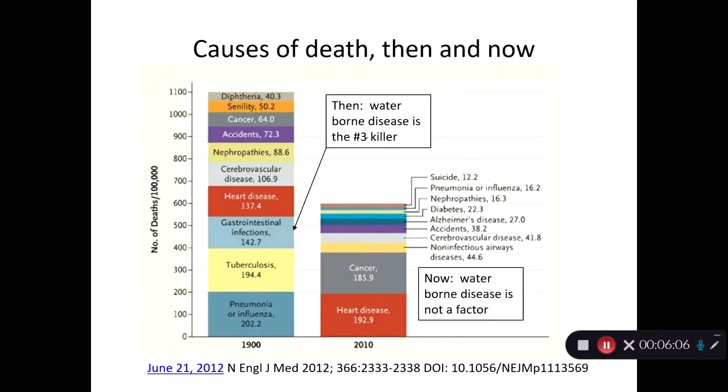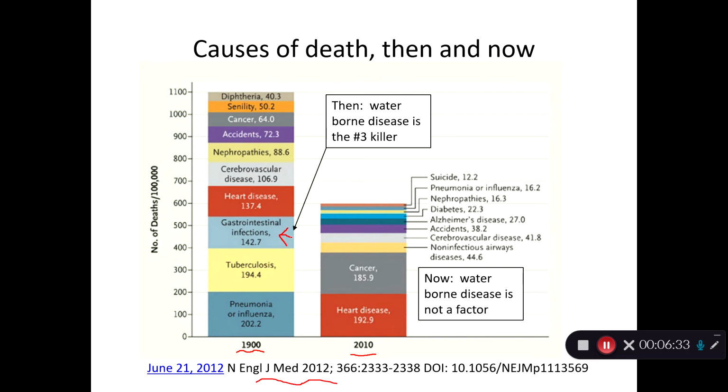And here's just another example of why that's true. This is from an article from the New England Journal of Medicine, put out a few years ago, comparing the causes of death back in 1900 with the causes of death in 2010. And you can see that back in 1900, gastrointestinal infections, which is cholera and things like that caused by waterborne pathogens, was the number 3 killer of people in the United States.